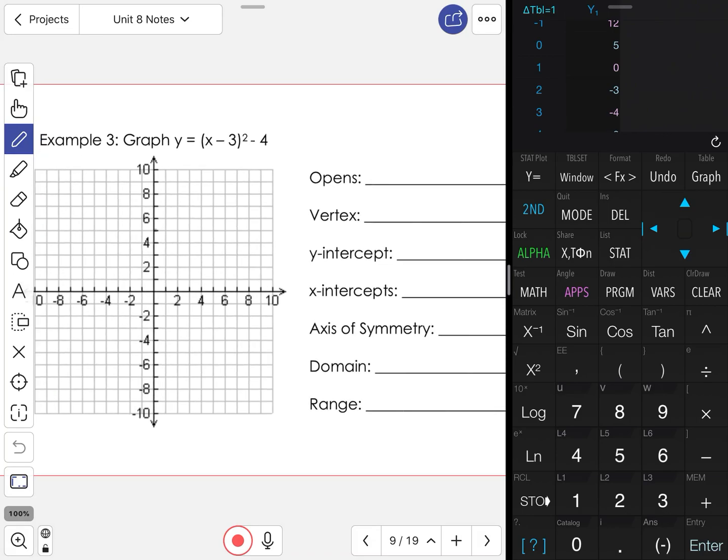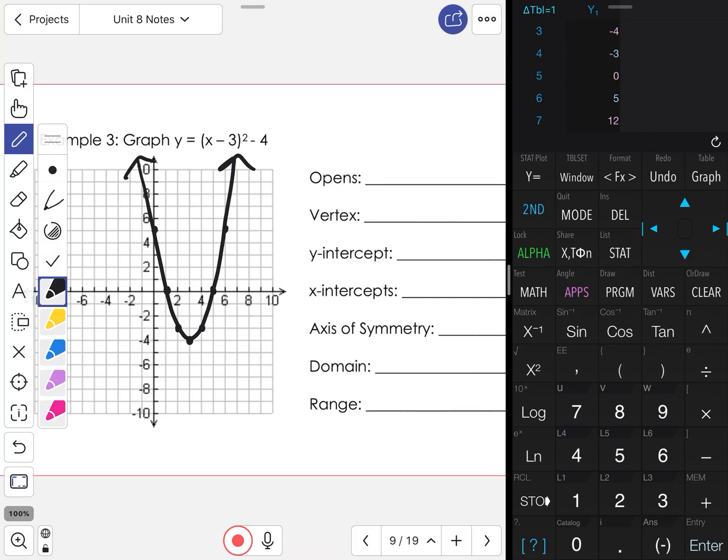So (0, 5), (1, 0), (2, -3), (3, -4), (4, -3), (5, 0), and (6, 5). Okay, once you get that graphed, let's identify some of the parts of our graph.